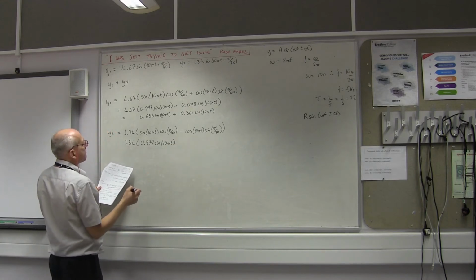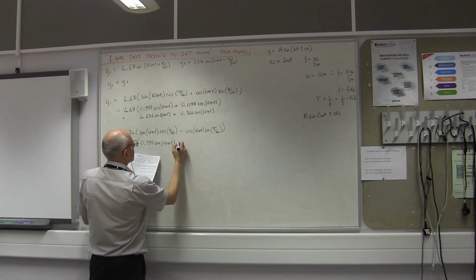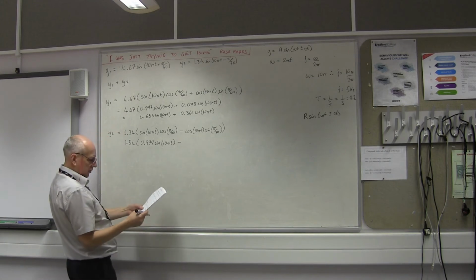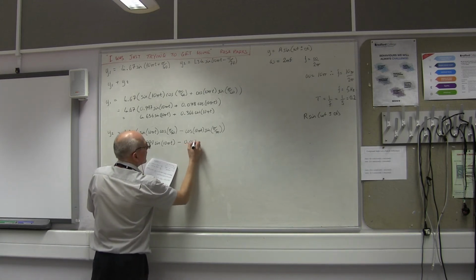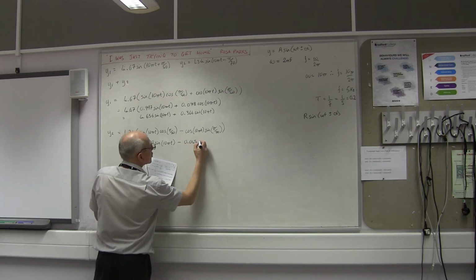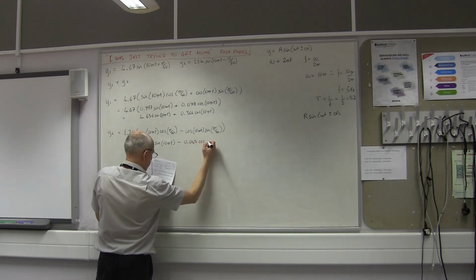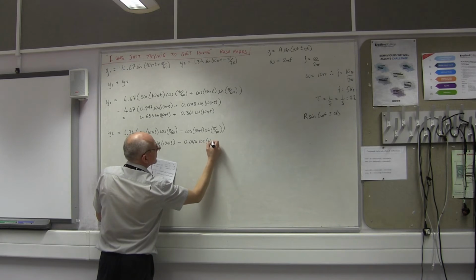Okay, and then this one, so minus, this one was 0.045 cos 10 pi t.